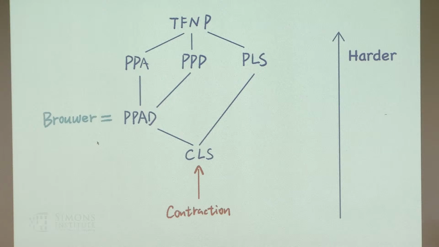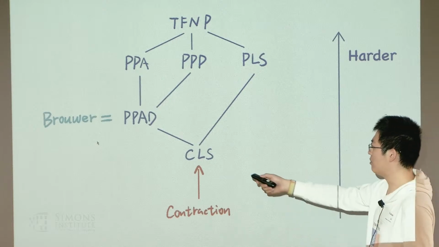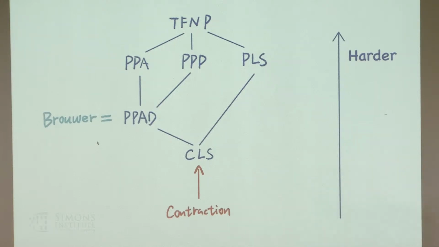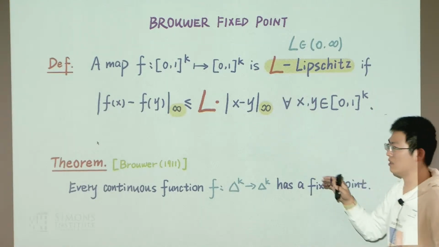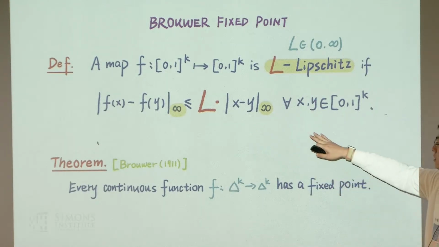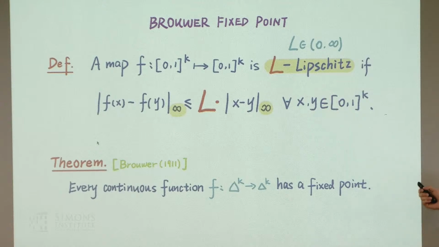So Brouwer, as we all know, is a fixed point problem. It's complete for the class PPAD, and it's closely related to contraction, where we have exactly the same problem statement. But now the Lipschitz constant is no longer strictly smaller than 1, but it's just some parameter L, where L could be any constant from 0 to infinity.